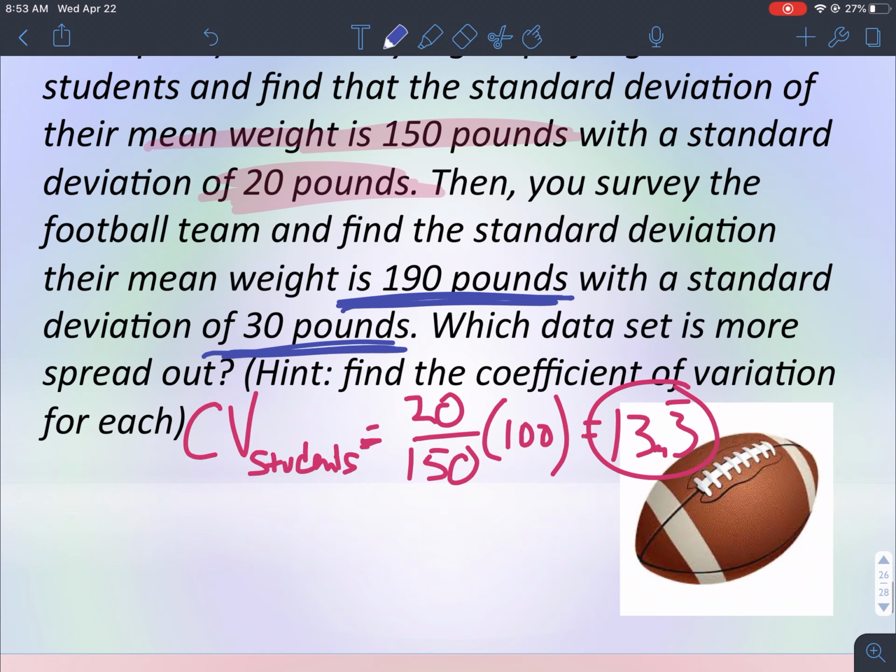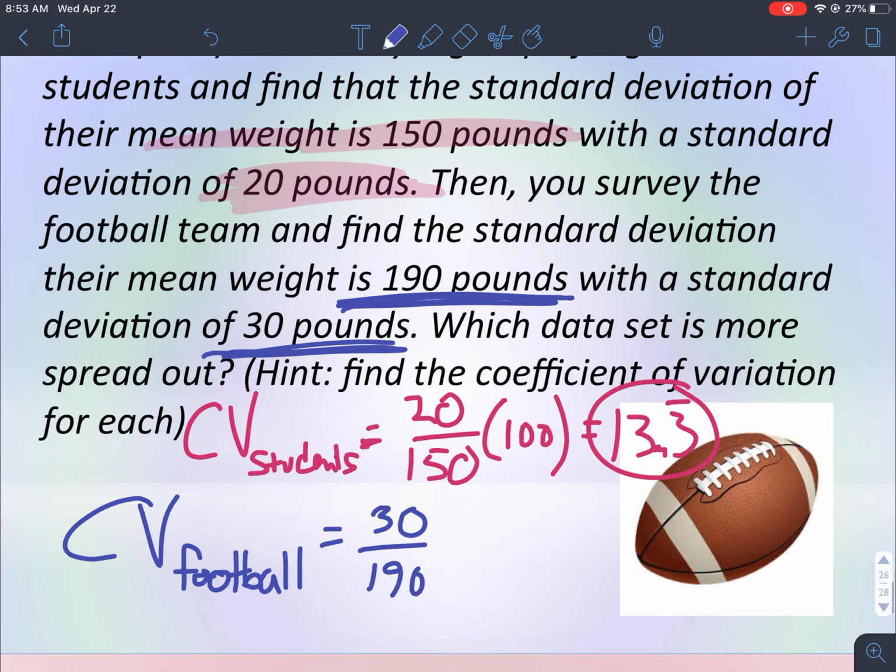The coefficient of variation for the football team is 30 divided by 190 times 100. And that's 15.78.